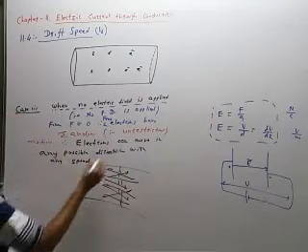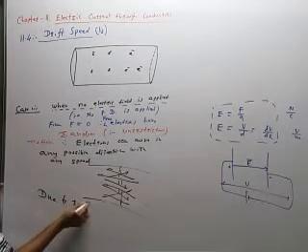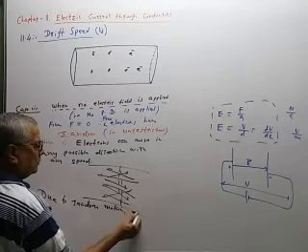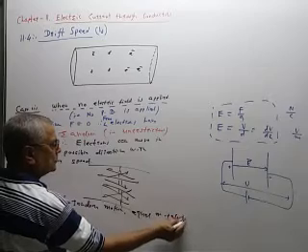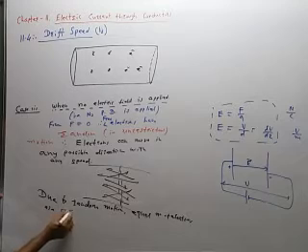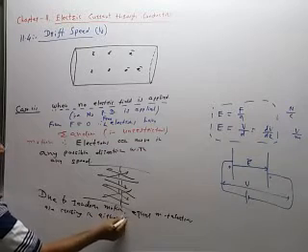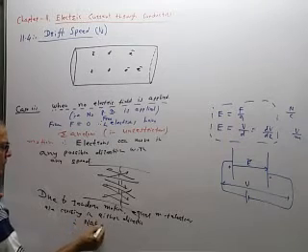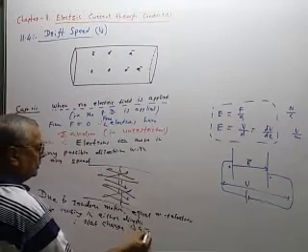So due to the random motion, an equal number of electrons are crossing in either direction, and therefore the net charge delta Q is equal to 0.